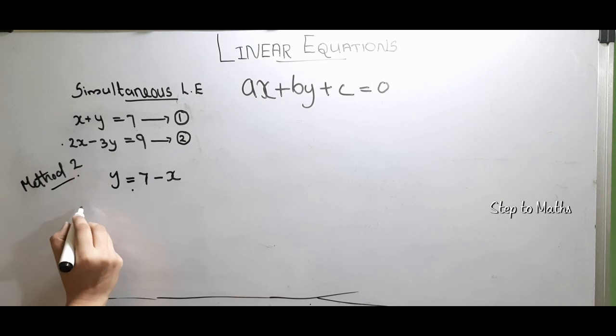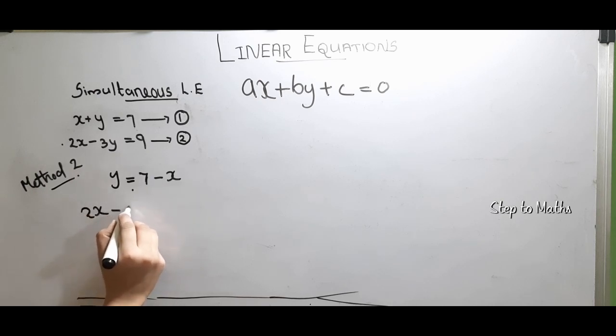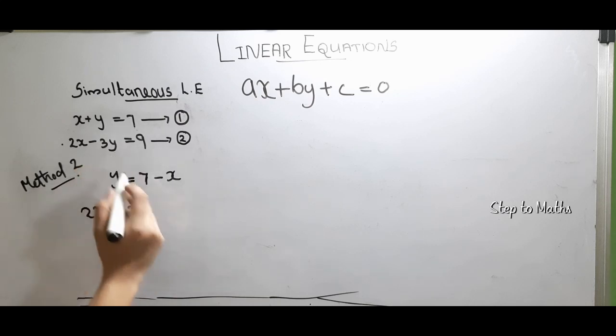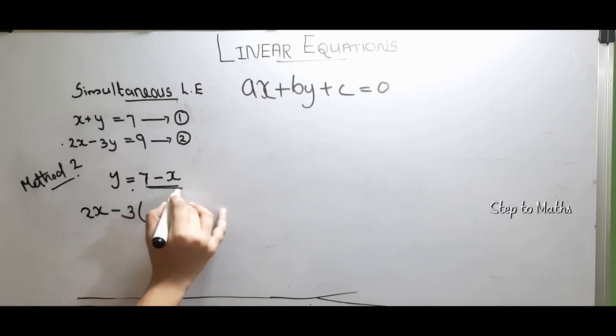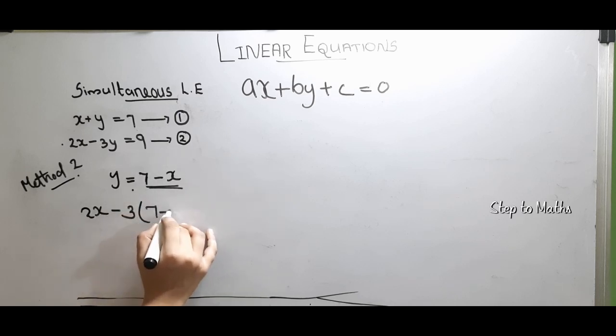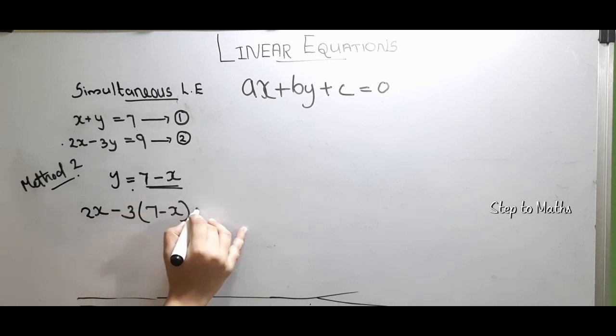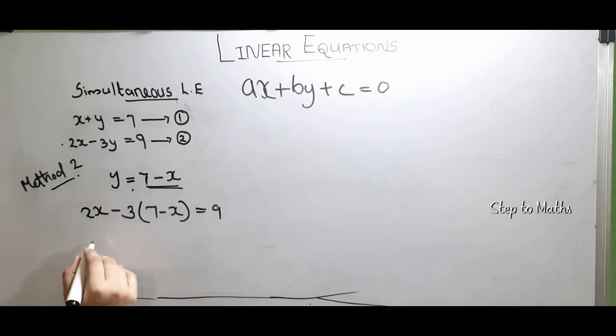Equation 2 becomes 2x - 3y, and in place of y, put the value 7 - x, equal to 9.